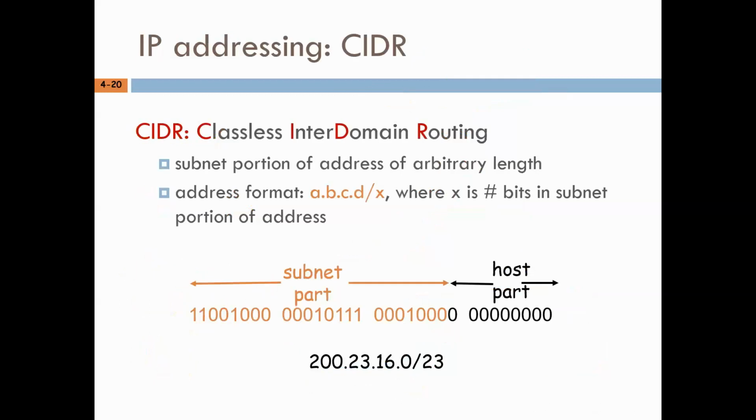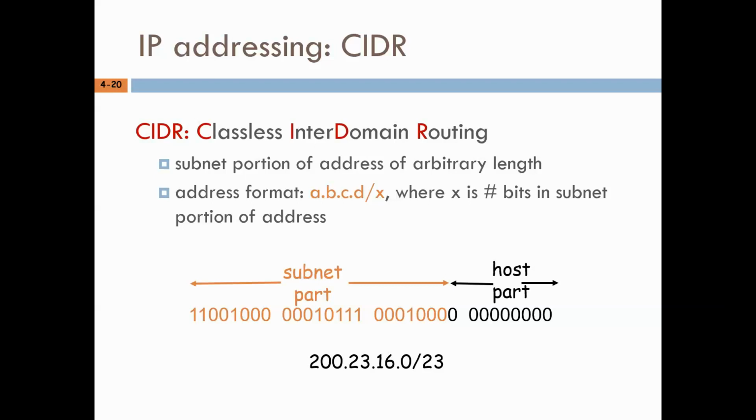The subnet mask in modern networks, ever since the late 90s, can be any number of bits. So you have the 32 bits in your IP address. You can take any number of bits to determine the network, and the remaining ones will determine the hosts. Okay.